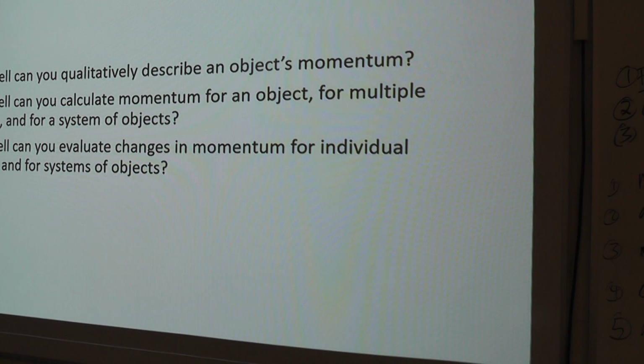The next piece, in order of complexity: how do you find momentum for an object at any time? How do you find momentum for more than one object? And how do you find momentum for a system of objects? Those are three different but related calculations. The math in general is super easy. It's arithmetic.